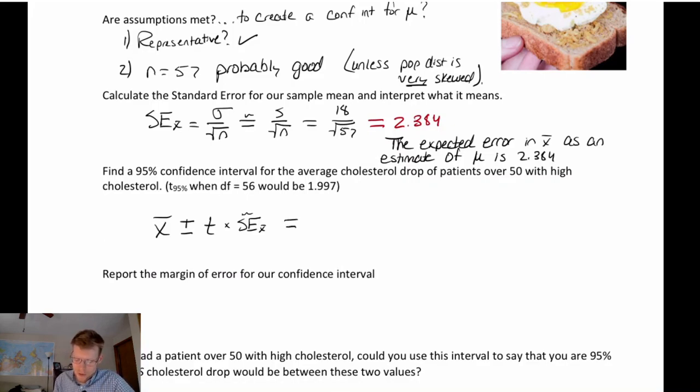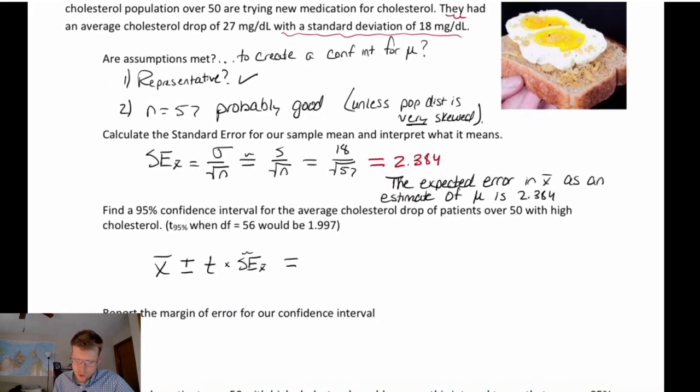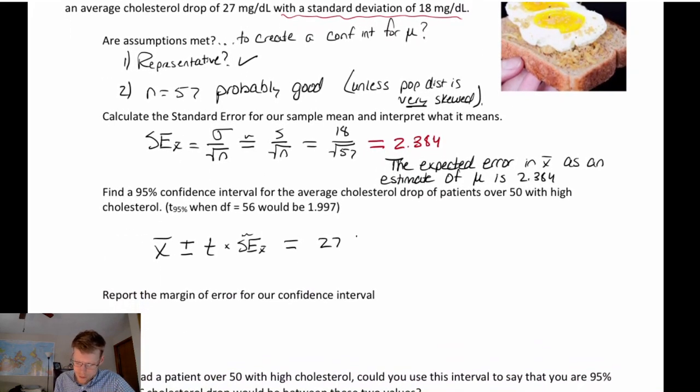So this is going to come out to be, what was it, 27. 27 was our x bar. Plus or minus. Now this information is given, by the way, so that's nice. We are not going to be using a t-table. We're not going to bother going to R to find this value, because that's just not really important in this class.